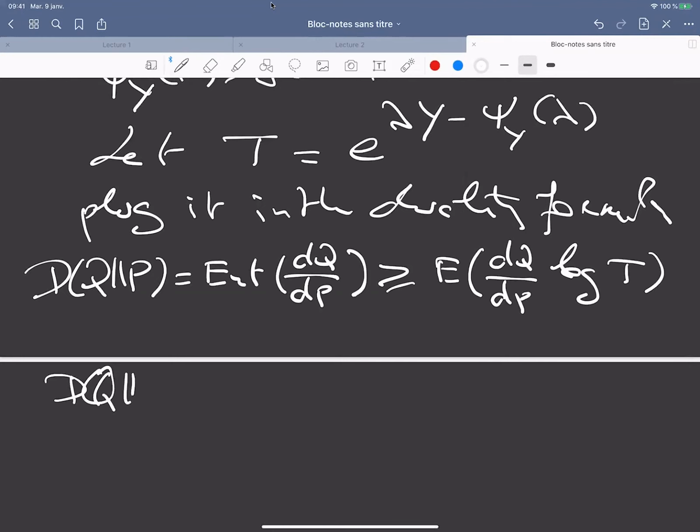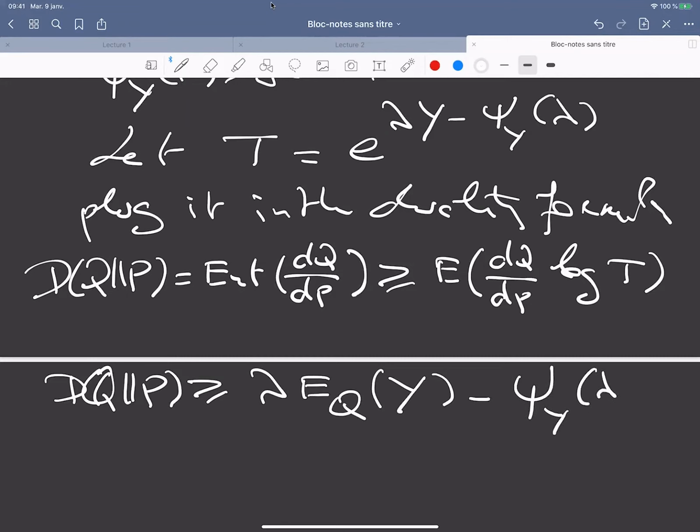Okay? And so this tells you that the relative entropy is larger than, look at the definition here, the lambda expectation under q of y minus psi y of lambda.